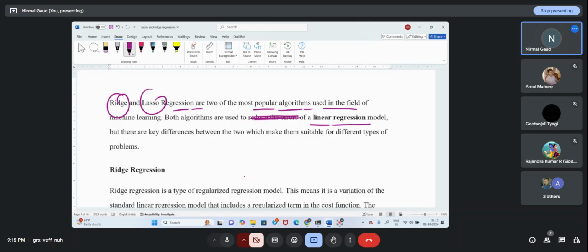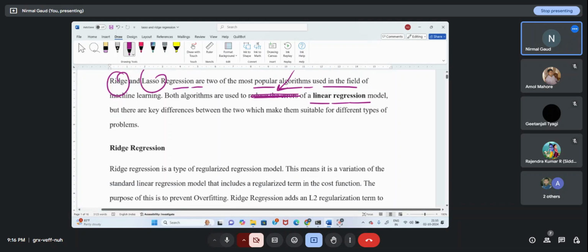Errors means the test error, not the training one. In training, my linear regression model will say I am the best, but actually the more error appeared in testing. So these are related to reducing the error. That means they are talking about test data, how to reduce the error. We say that to prevent overfitting in the model. They are also called regularization techniques.